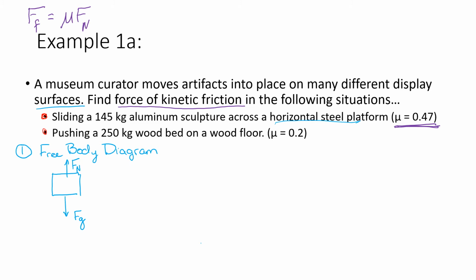Force of friction. If it's asking us to find the force of friction, then yes, there's probably some friction going on. And we're probably having to push it, right? So probably some applied force.